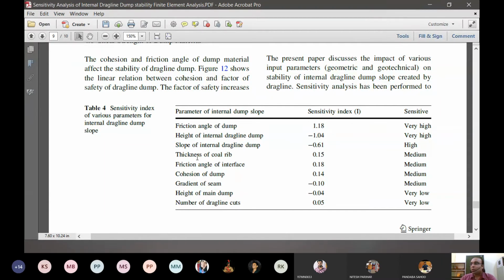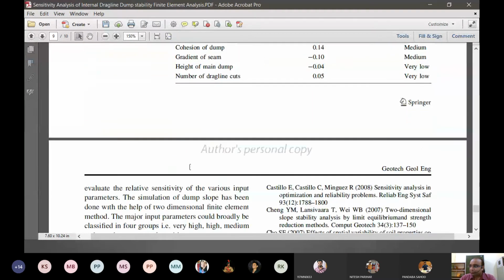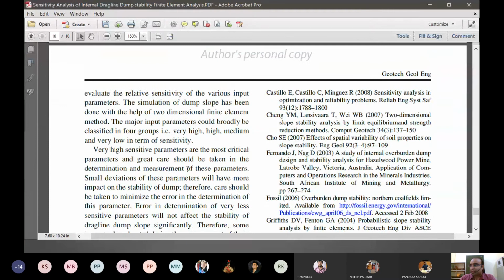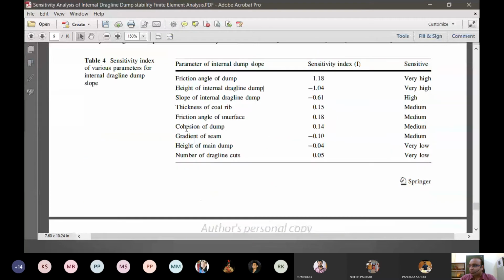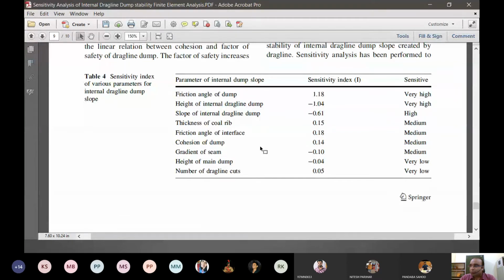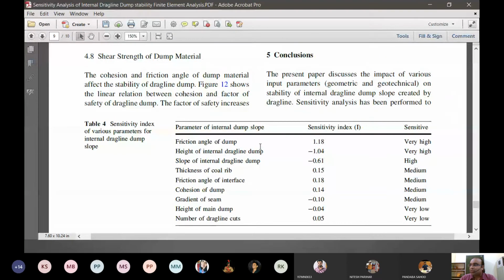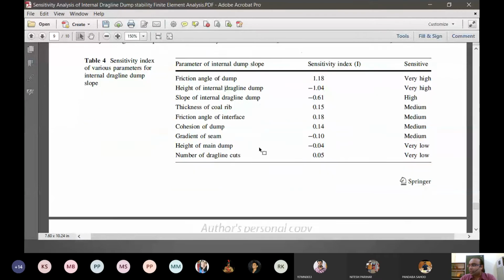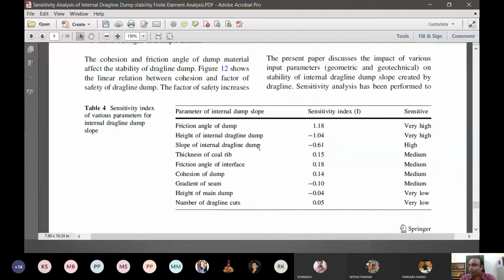So that is the whole concept behind the sensitivity analysis, how much it is affecting and to what extent it is affecting. Now you see the cohesion and friction are all affecting to a certain degree. This analysis was done, I think, in 2010, and at that time we were not that aware of these simulation techniques.